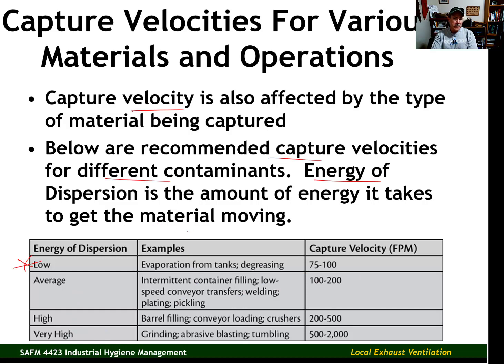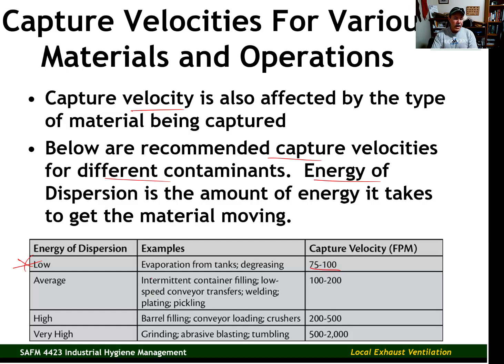Energy of dispersion is the amount of energy it takes to get the material moving. If it's a lightweight material, a fine dust or a mist, it doesn't take a lot of energy to get that material moving. With that kind of low energy of dispersion material, it's only going to require a low capture velocity.